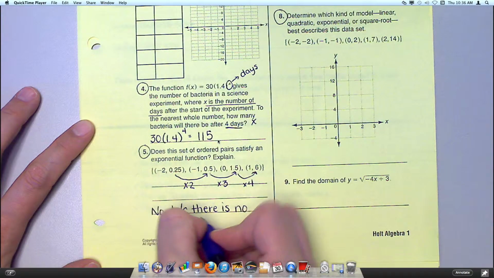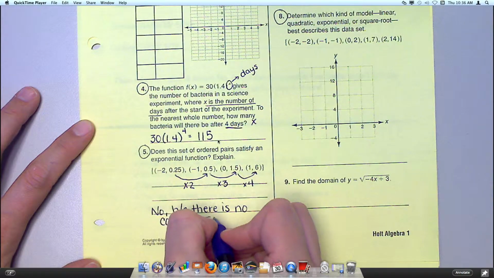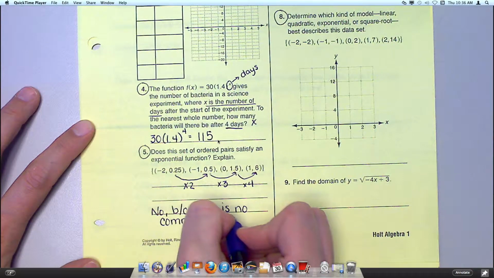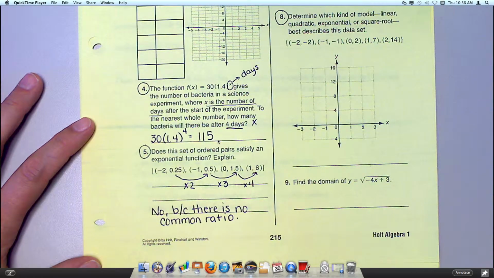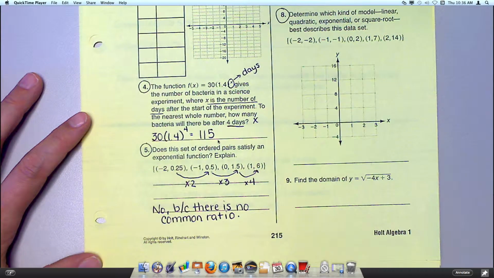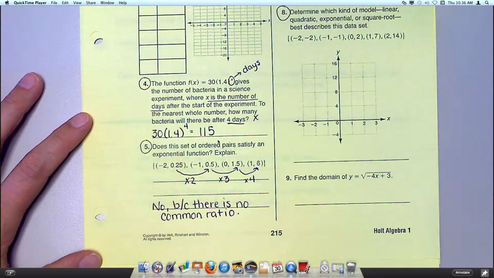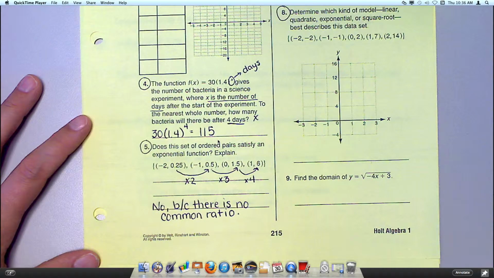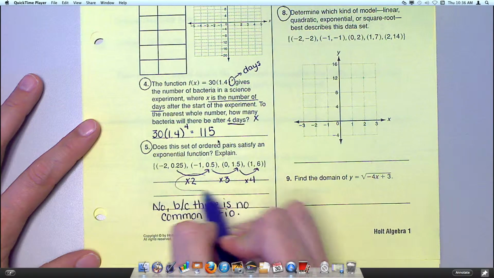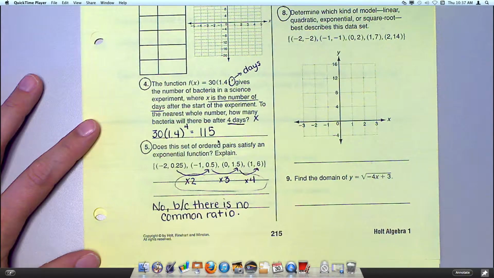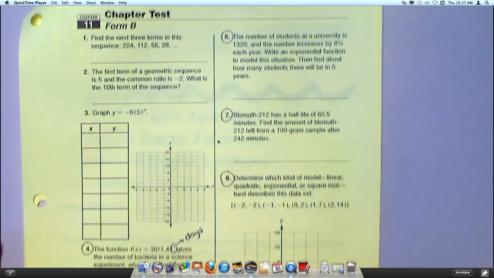Okay. And again, just to remind you, a common ratio would be where this number was the same over and over again. Okay? All right, number 6.